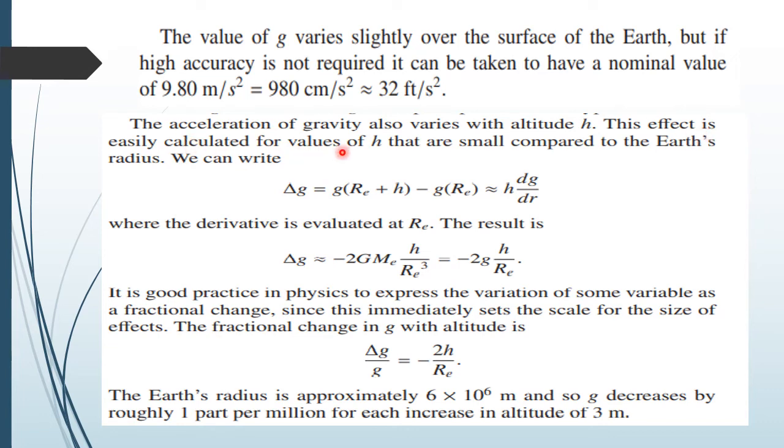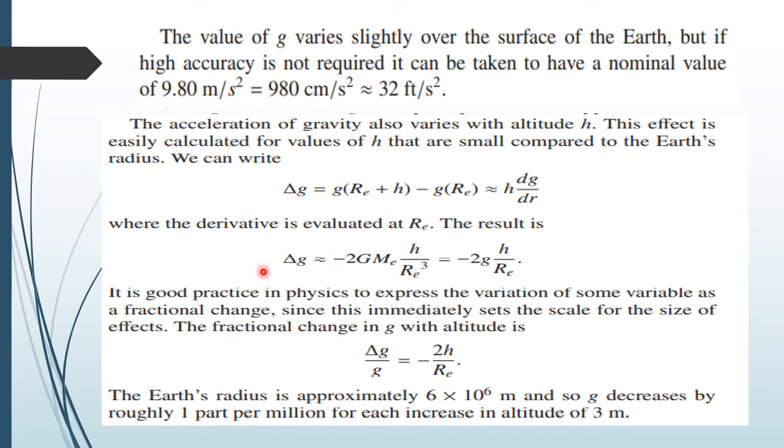This effect is easily calculated for values of h that are small compared to Earth's radius. So we can write delta g = g(Re + h), the value of g at a height h above the Earth's surface, minus g(Re). So you get the relation as approximately equal to h dg/dr, the variation of g with respect to r, where we have to evaluate the derivative at Re.